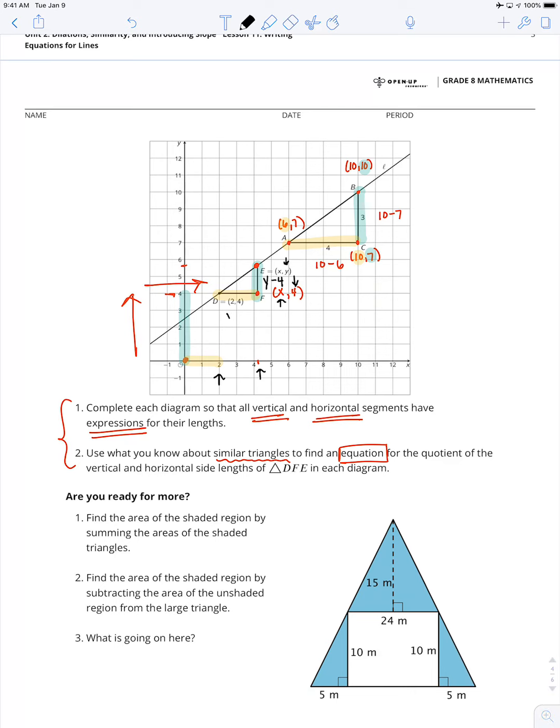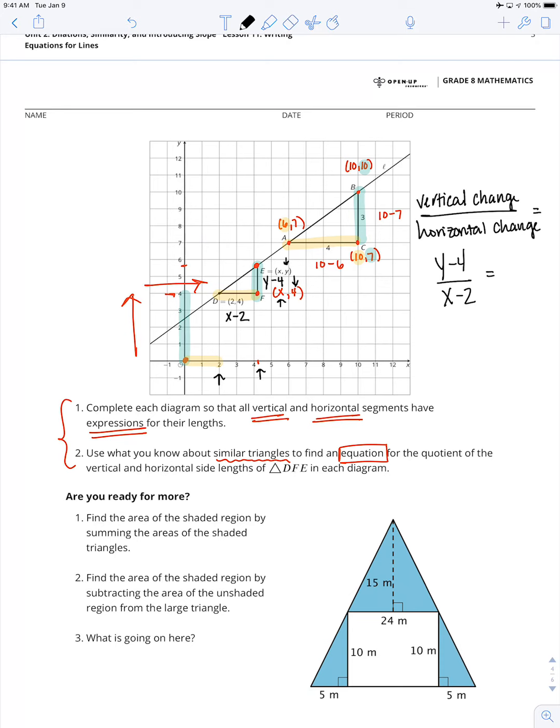So I would represent this with X minus 2. Now my vertical change and my horizontal change are represented by 2 different expressions. So I have Y minus 4 and I have X minus 2.